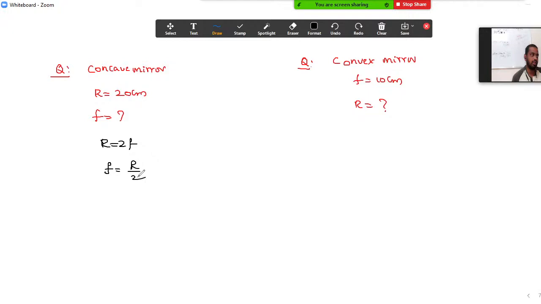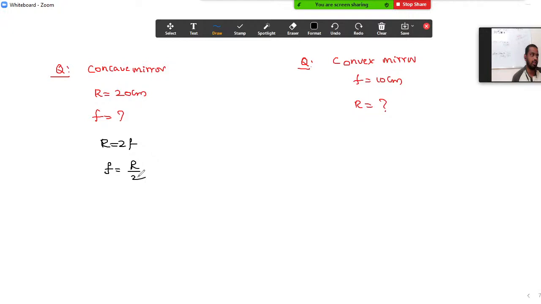What is the name of this mirror? Convex mirror. Now I have drawn the axis. What is the name of this axis? Principal axis. It has points P, F, C. Now I am going to locate the focal axis.